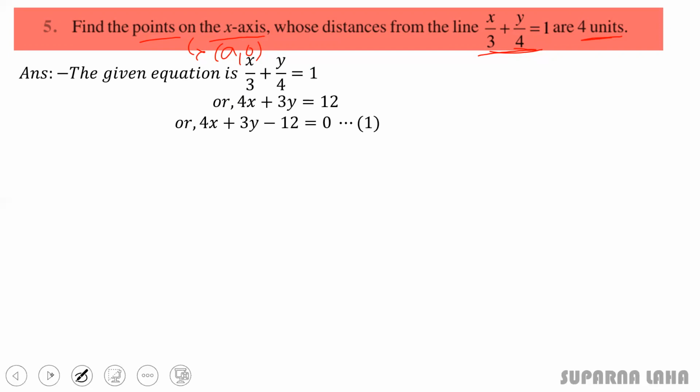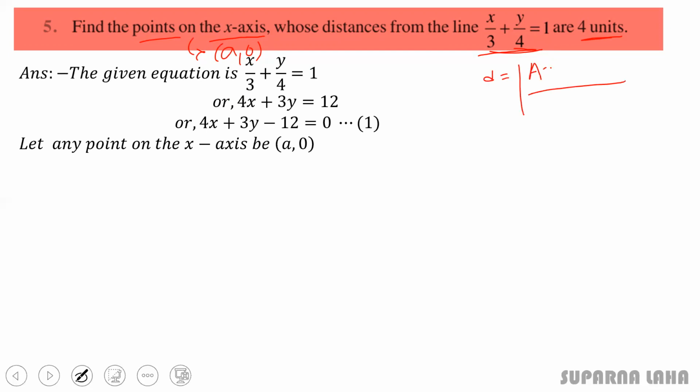Now if we take any point on the x-axis, a comma 0, then we can easily find the distance of the point from the straight line by using the formula D, that is ax1 plus by1 plus c by root over a square plus b square. Right?